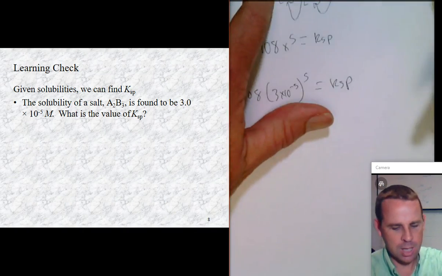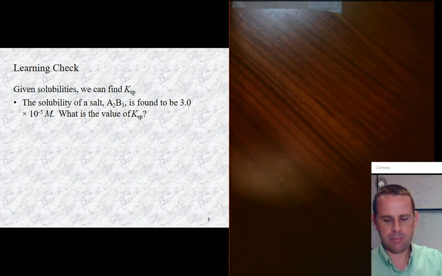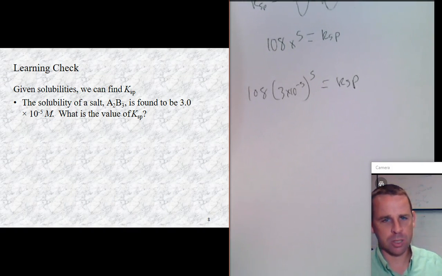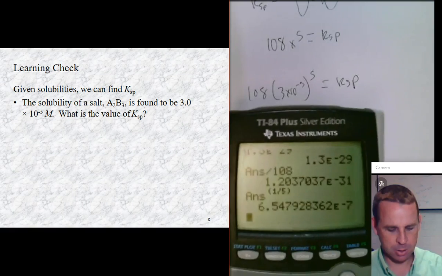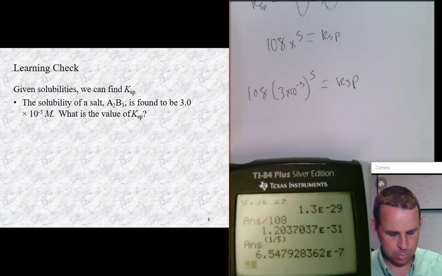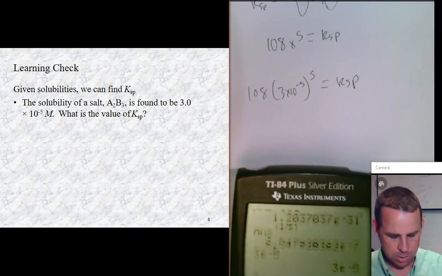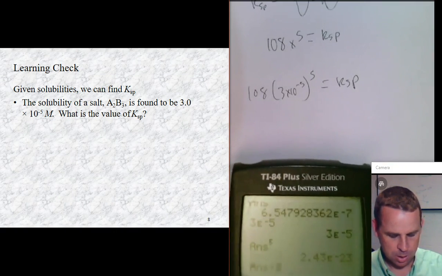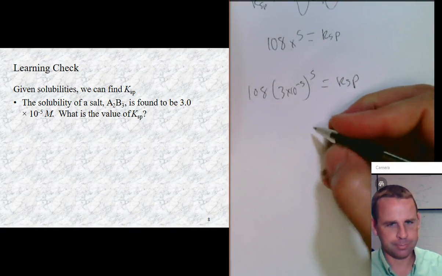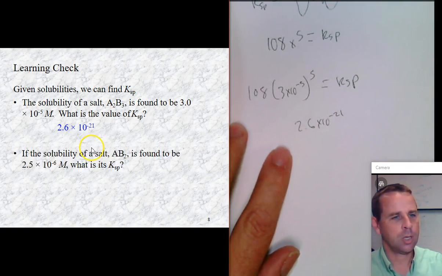In this scenario, they gave us the concentration, the molar solubility, and so we're going to solve for the KSP. So we got 3 times 10 to the minus 5, raised to the 5th power, times 108. 2.6 times 10 to the minus 21. All right. Very good.